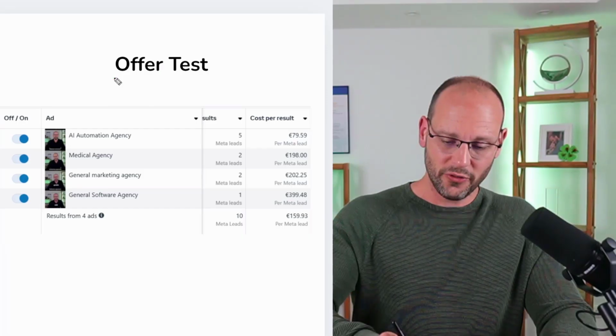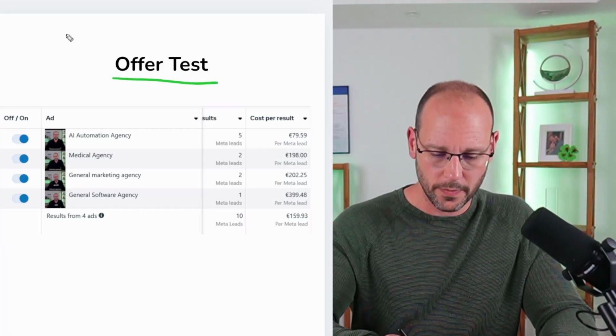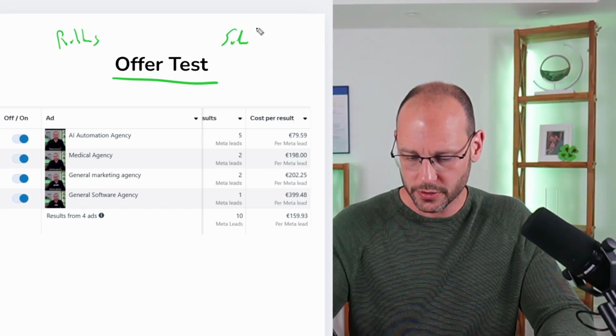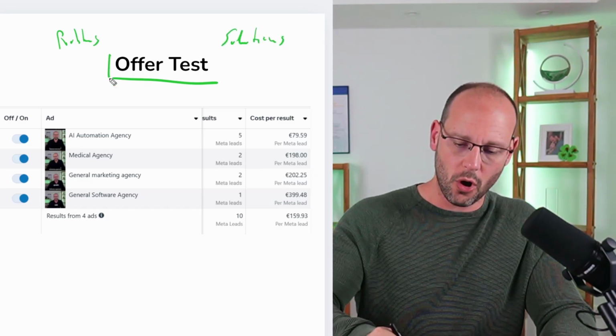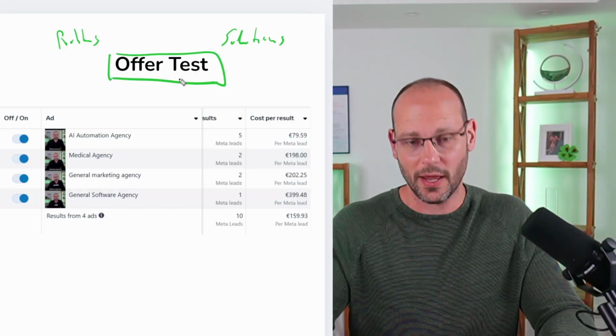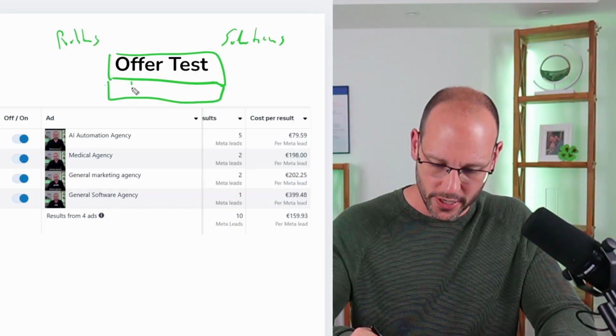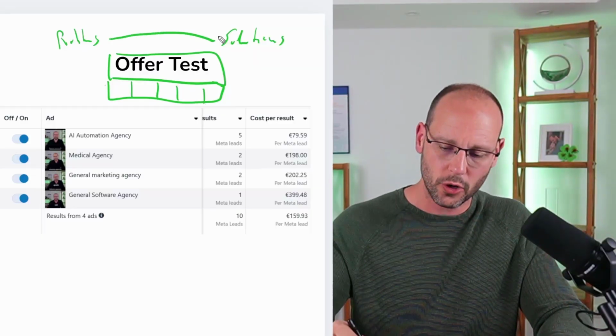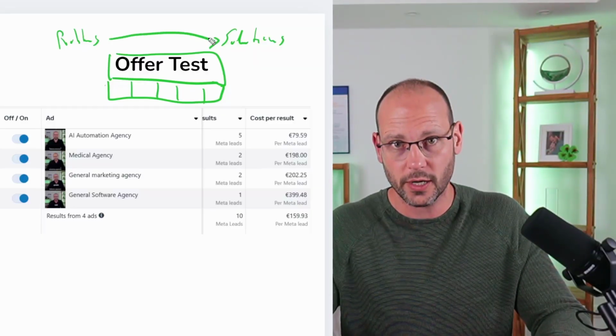Good, the next test is the offer test. And if you remember, we talked about the problems before and the desired solutions. And the offer test basically helps you understand how you can build the bridge, right? The steps you offer, your products or services that turn the problem into the solution for your clients.